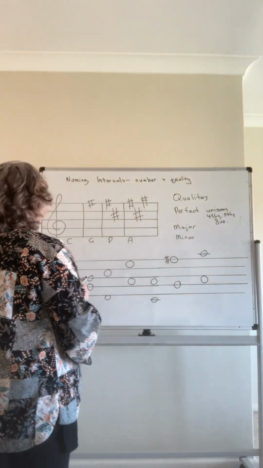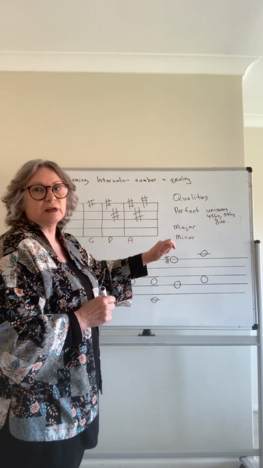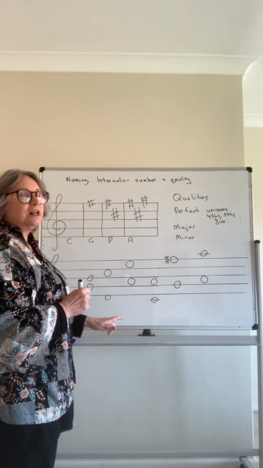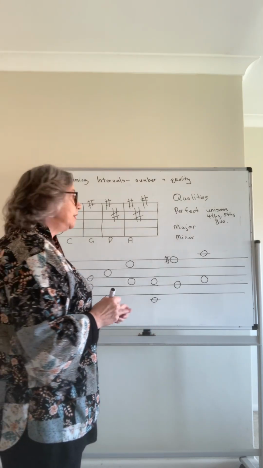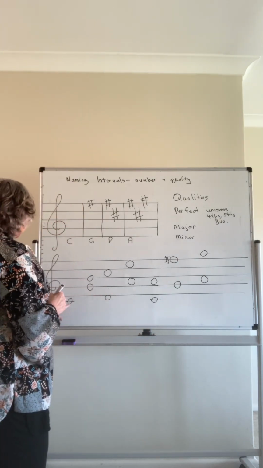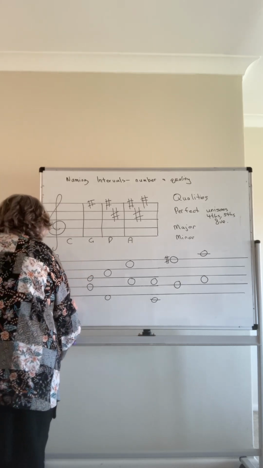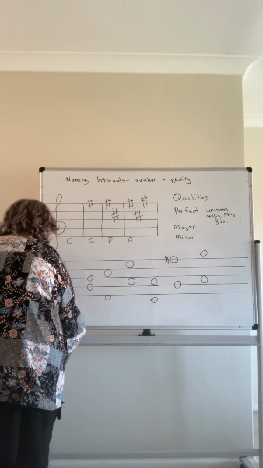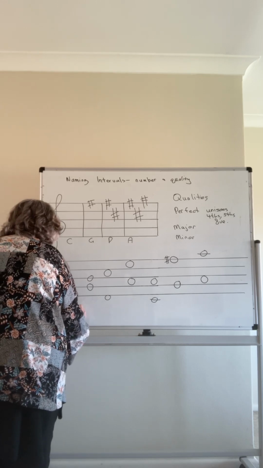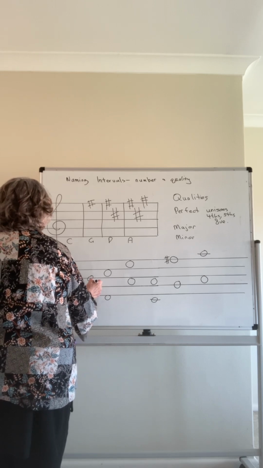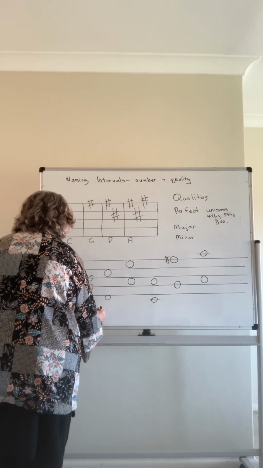So what we'll do is I've just got a few key signatures written up here just to show you the idea. So we go through first, and what I like to do is just find out what number it is. So here we've got C and C, looks like some glasses. We know that that is a unison. Let's count this one, G, A, B, 1, 2, 3, that is some sort of third.